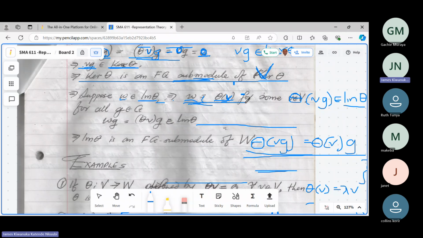So this is straight from the definition. So this multiplication WG is the same as theta of V times G, because W is the same as the image of V under this map theta. You can replace W with this.